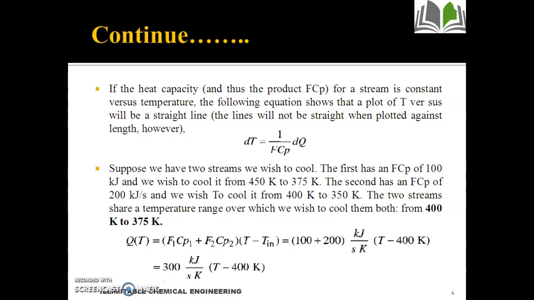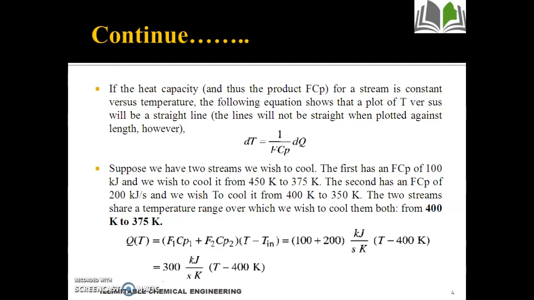So from the above equation, their combined heat balance can be written as Q equals F1 Cp1 plus F2 Cp2, the summation of the heat capacities of both streams, multiplied by delta T, their temperature difference, T minus T inlet.